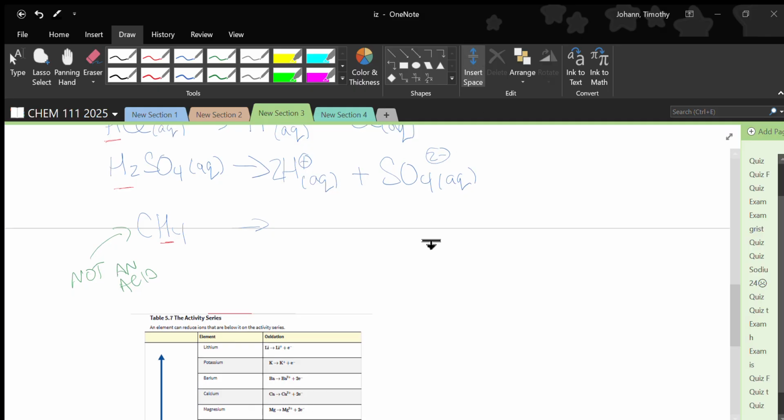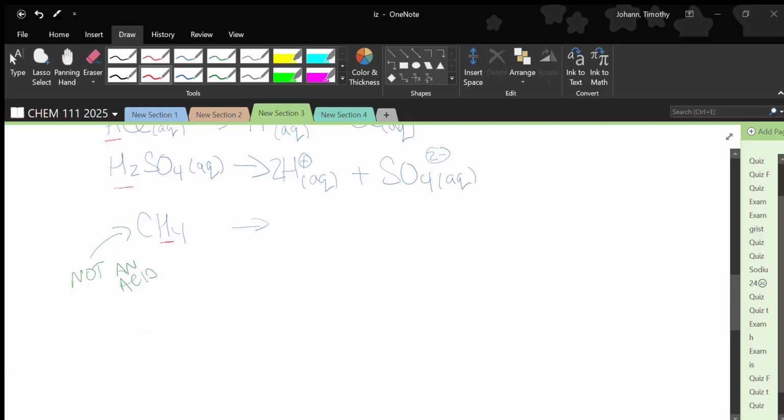A better one for showing this is something like glucose, because I'm reluctant to show methane gas dissolving in water since it's nonpolar and doesn't dissolve well. Glucose is the sugar that's running around your blood and powers your brain, which almost exclusively runs on glucose. We could dissolve that in water, and it actually does dissolve. It is a molecule, not ionic.